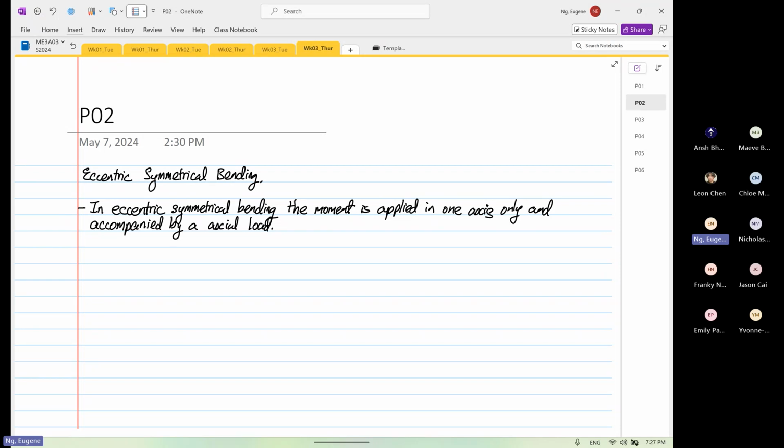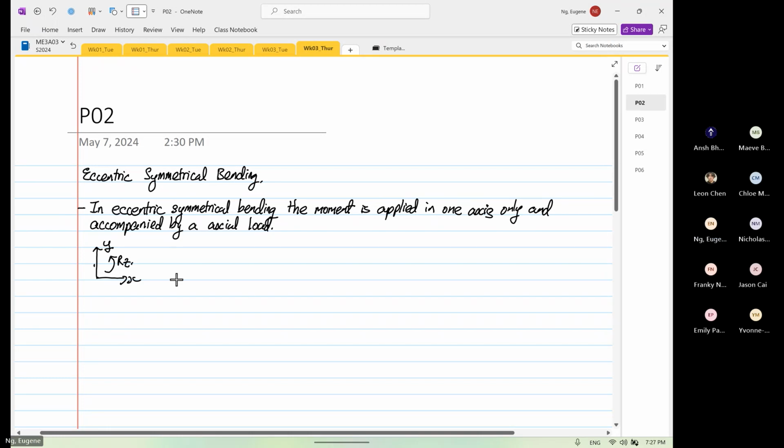Okay, so a typical example. Again, I'm going to base it on our transformation x and y and rotation about z. Now let's assume that the structure is built in on one end. Okay.